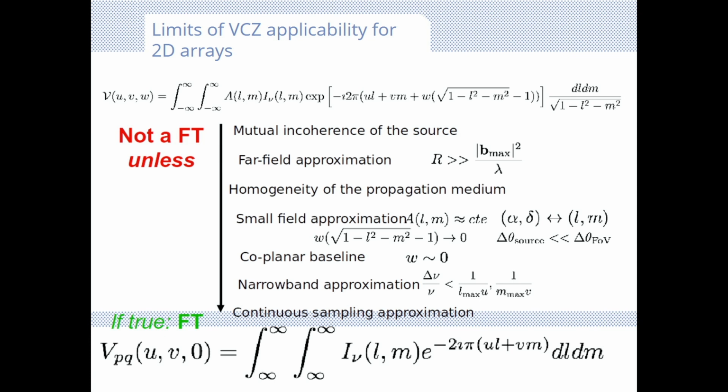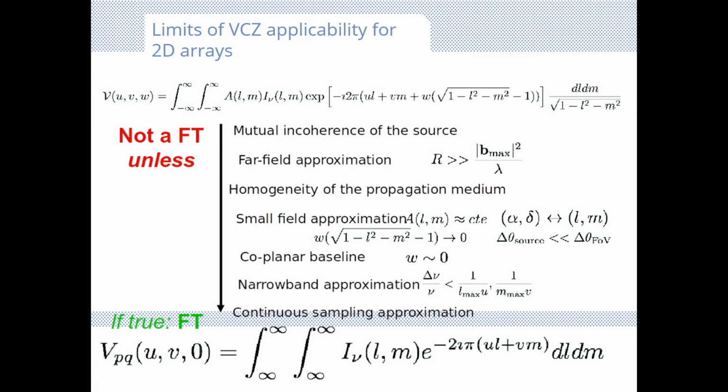And then also notice here that this is a continuous sampling in the UV space. So in this form, the relationship really only holds if we have continuous samples at infinitesimal spacings apart out to infinity.